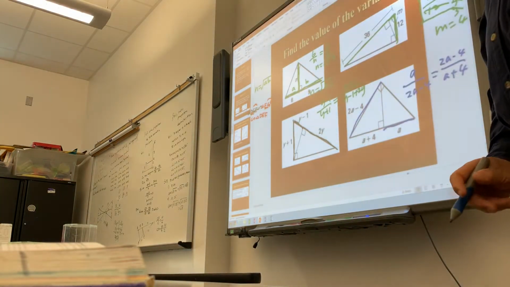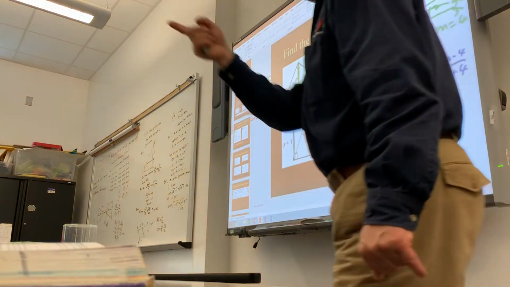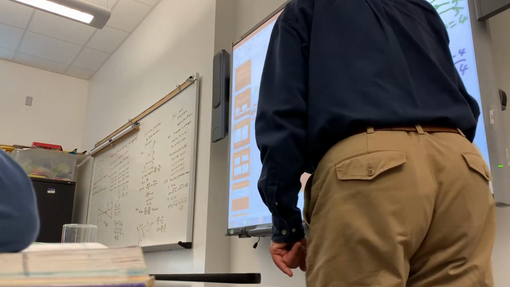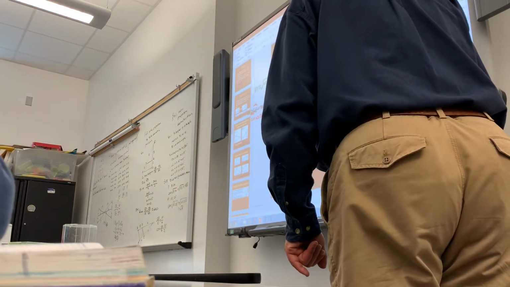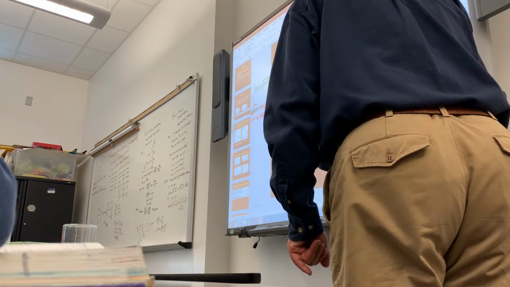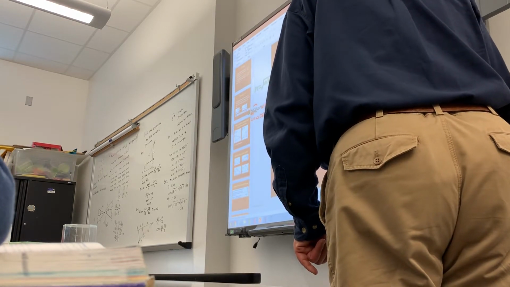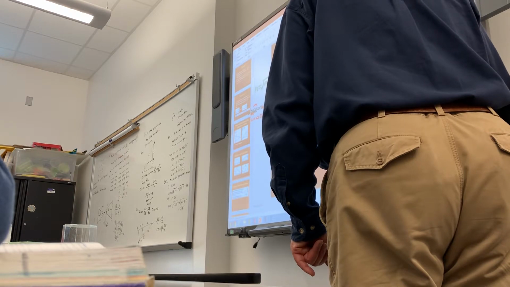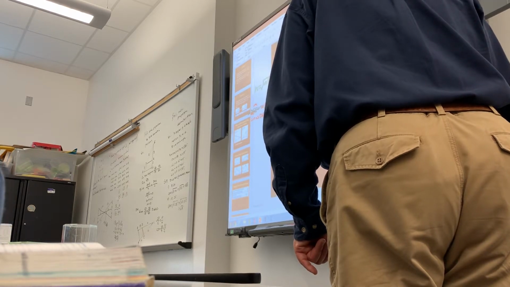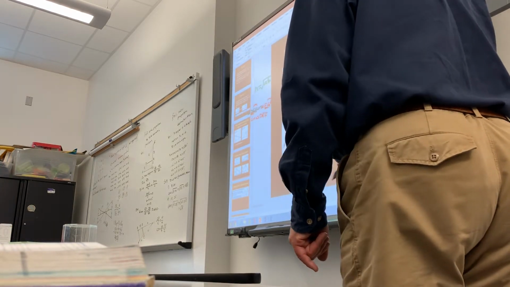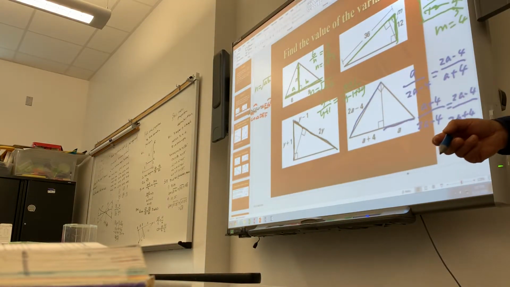But I don't know if you are correct or not. Okay, please? Yes? Would it be a plus 4 over 2a minus 4 is equal to 2a minus 4 over 2a plus 4? 2a plus 4 is this side over this side, right? Thank you. This is correct.